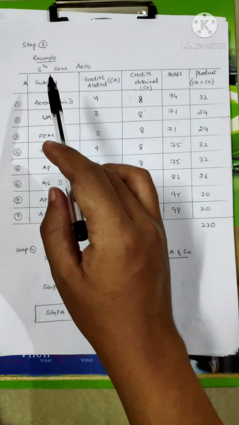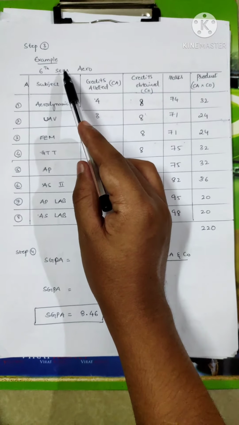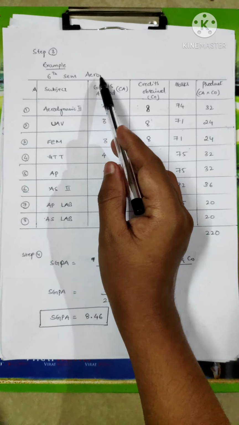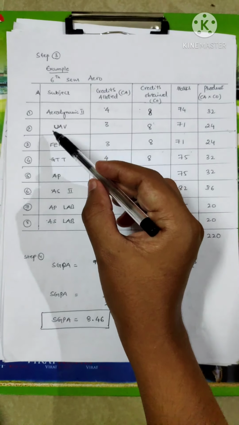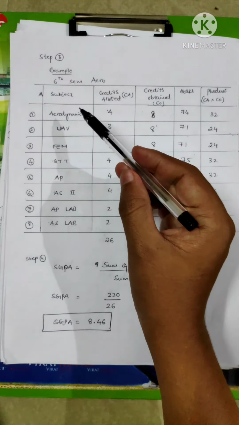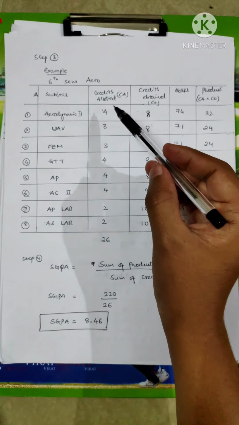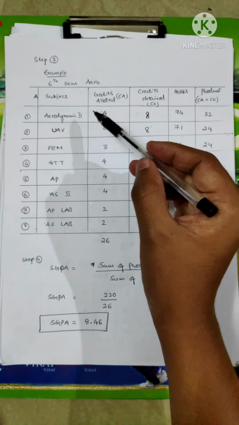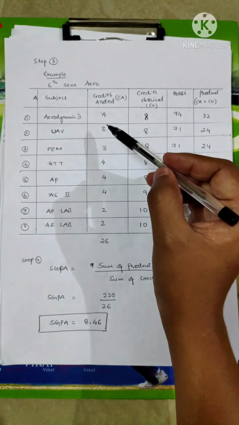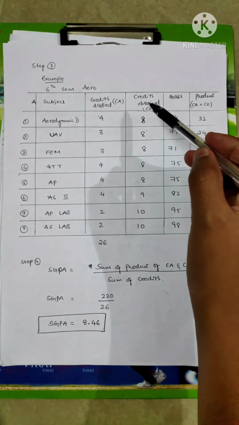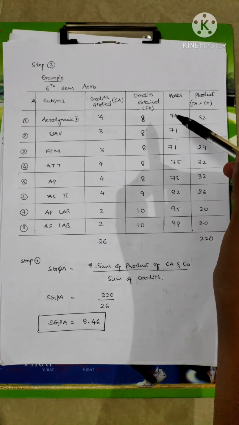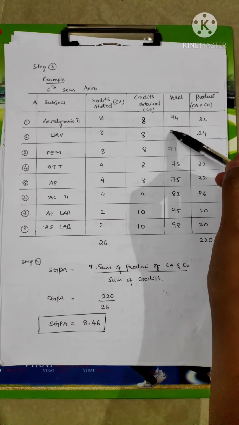For step 3, I am going to take my 6th semester marks card in aeronautical engineering. So these are the subjects which I studied, and these are the credits which are allotted for every subject.